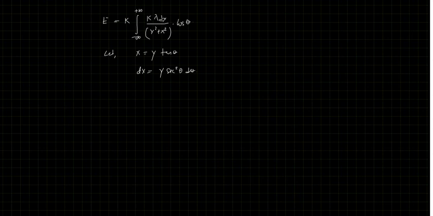So change the boundary now. When x equals minus infinity, minus infinity equals y tan theta, so theta must be minus pi by 2, because tan 90 degree is infinity.